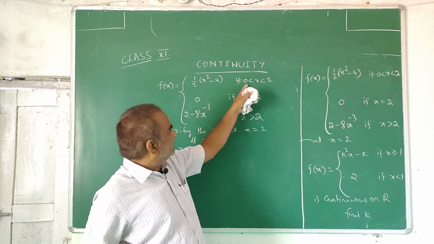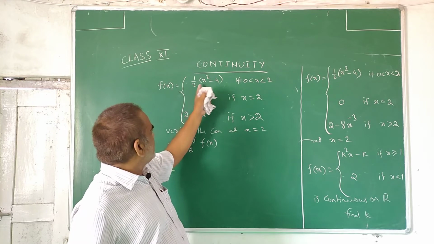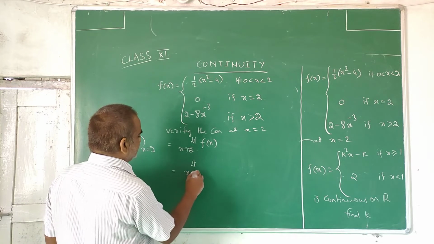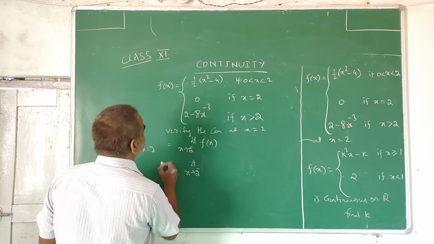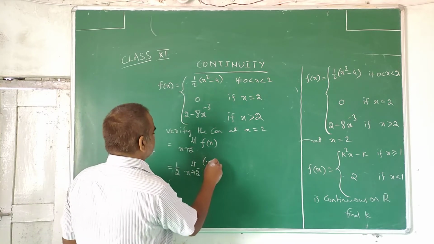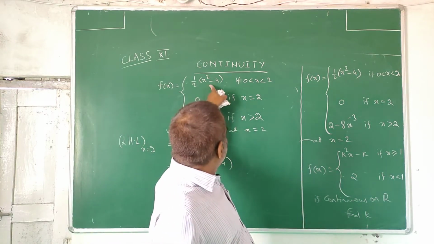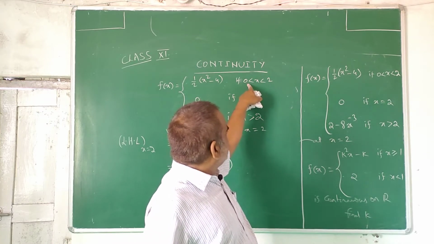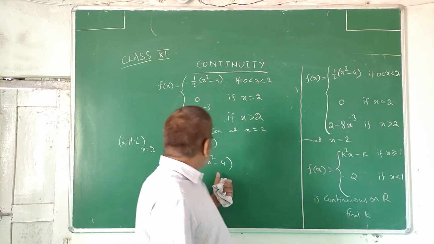So if x is less than 2, f of x is half into x square minus 4. Half being constant, you can write it outside. Did you understand why I chose this? Because this definition is applicable when x varies between 0 and 2. Here x tends to 2 minus means x is less than 2.